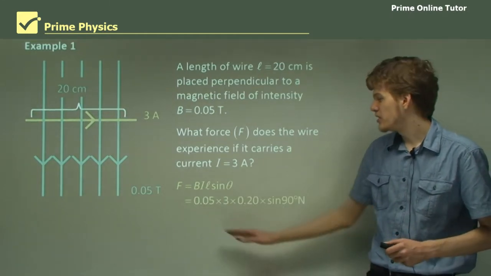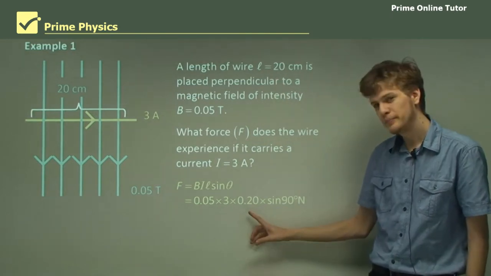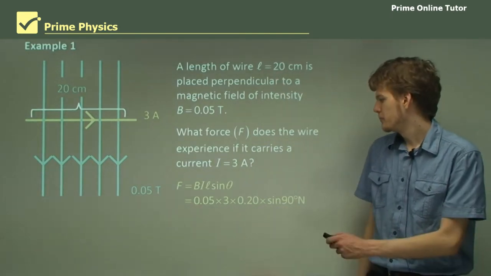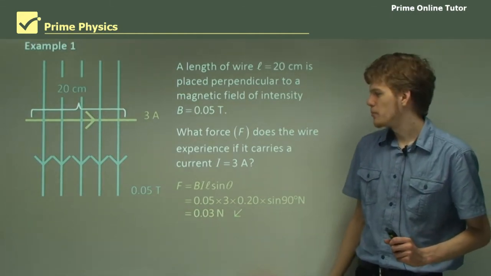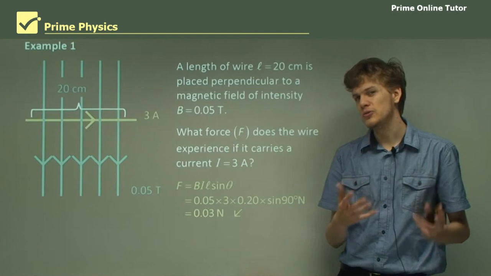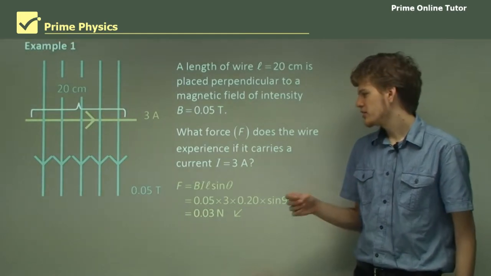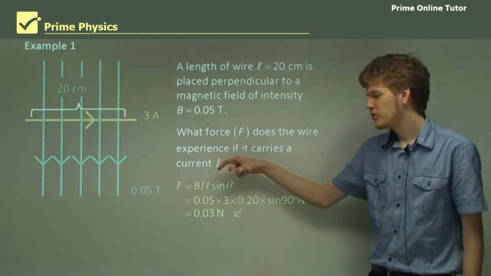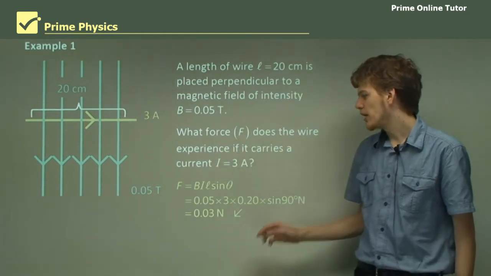So substituting in these numbers and remembering to turn centimeters into meters, we'll end up with an answer of 0.03 newtons. Remember that force is measured in newtons. If we look at the units of the equation, we can actually see that 1 Tesla times 1 ampere times 1 meter equals exactly 1 newton.